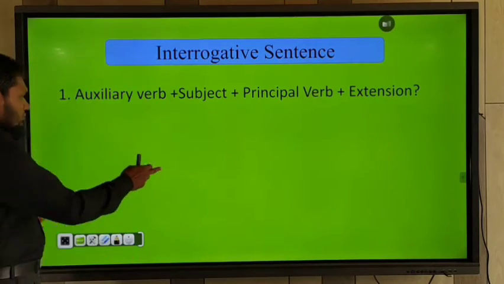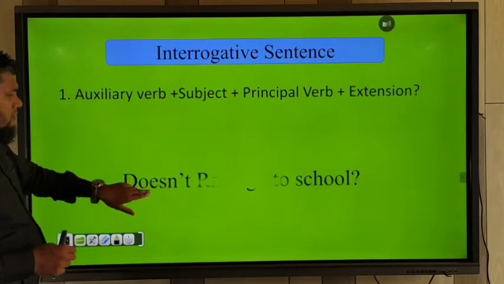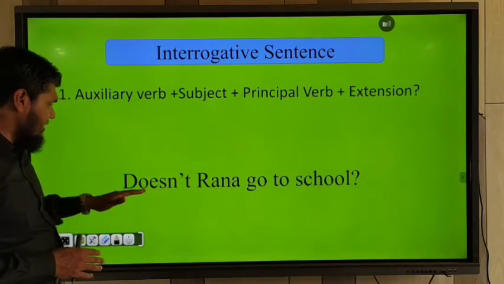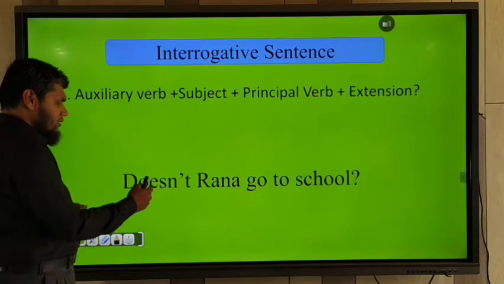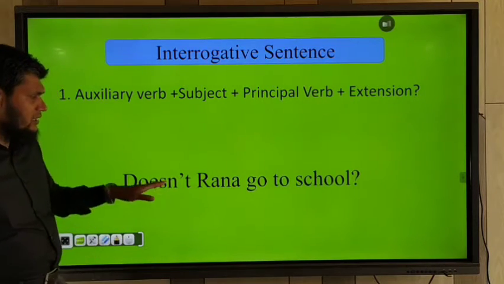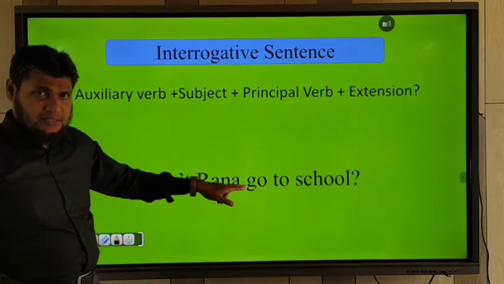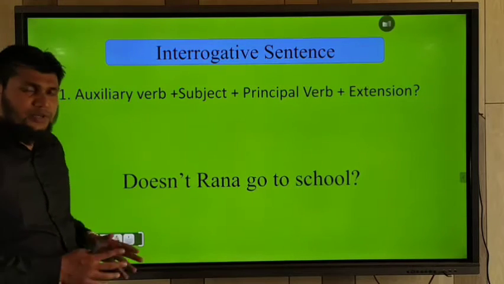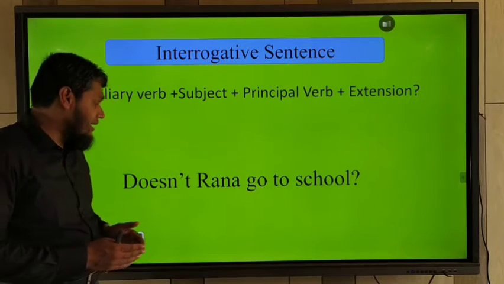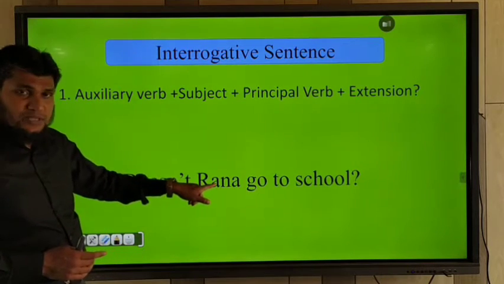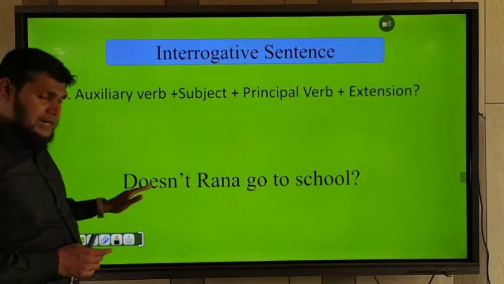Next, follow the example. Doesn't Rana go to school? Doesn't is the auxiliary verb. It's in present indefinite tense, so you should use the auxiliary verb do or does. If the subject is third person singular, you should use does.